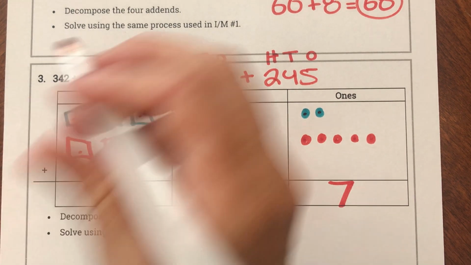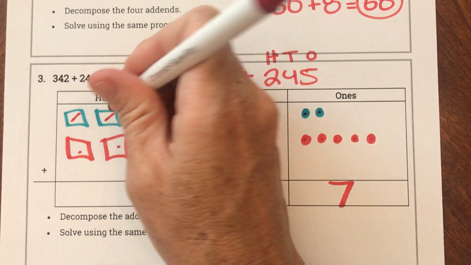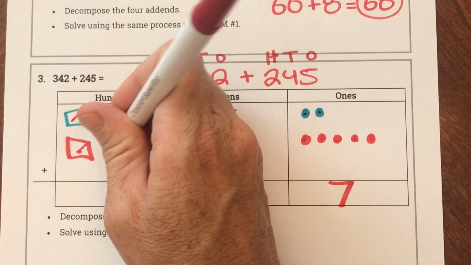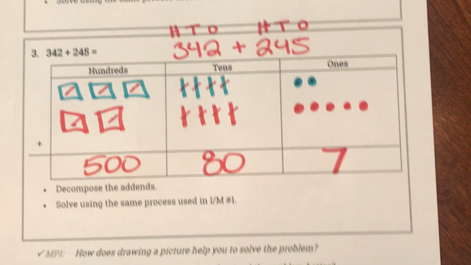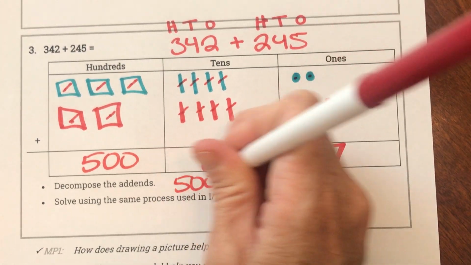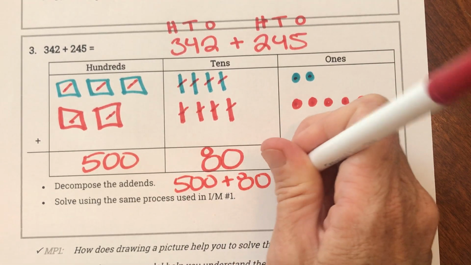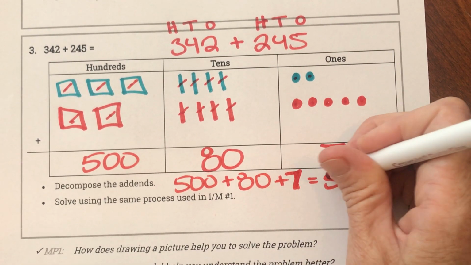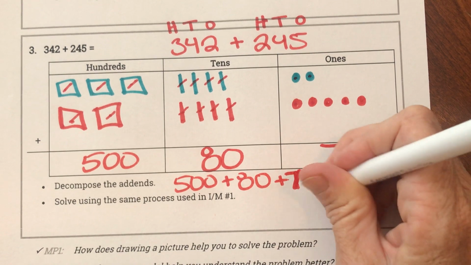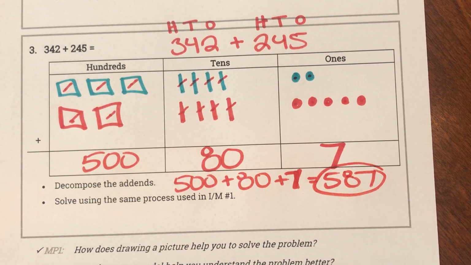So it's not worth 5. It's worth 100, 200, 300, 400, 500. Okay, so my sum would be 500 plus 80 plus 7 equals 587. 587 is our sum.